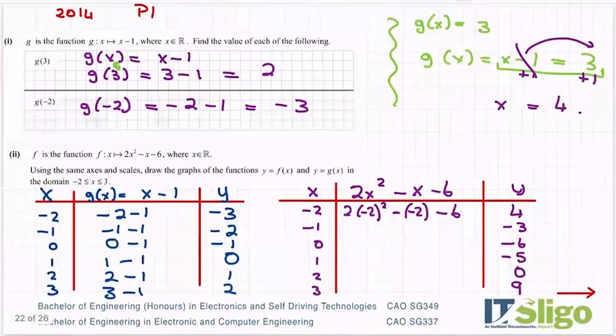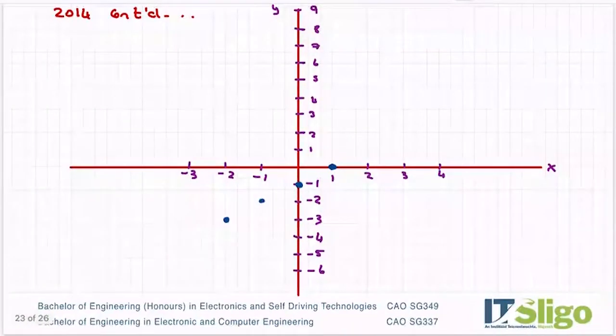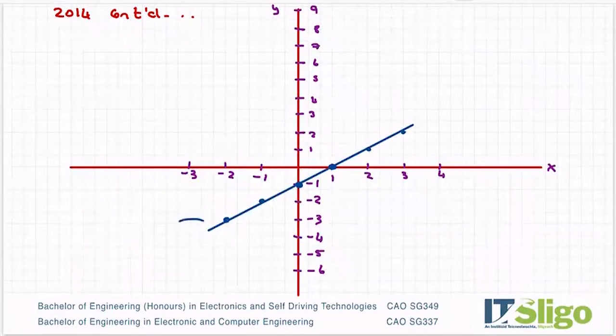You can see the line coming. (2, 1), and (3, 2). So let's join them together. Okay, and that is the line. What was the letter? g of x.